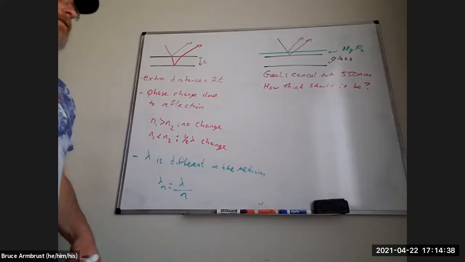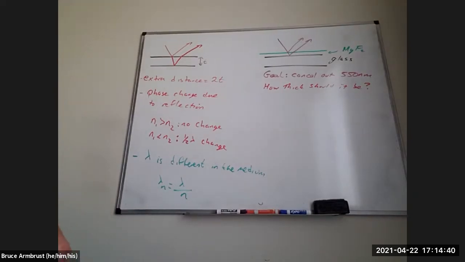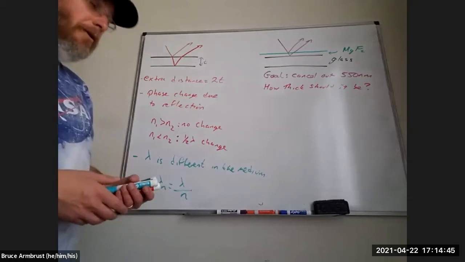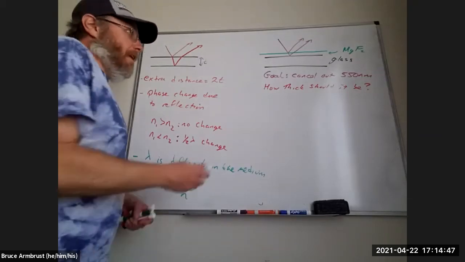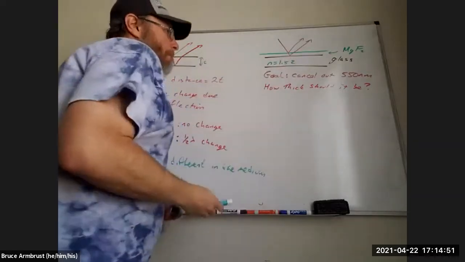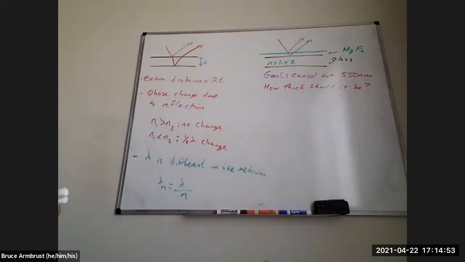Okay, so I still have to give you some n values. I don't know if you guys have picked this up for glass yet. For glass, we tend to use 1.52. That's a pretty standard n for this one. And magnesium fluoride has an n of 1.38.